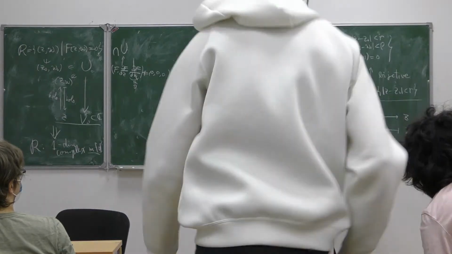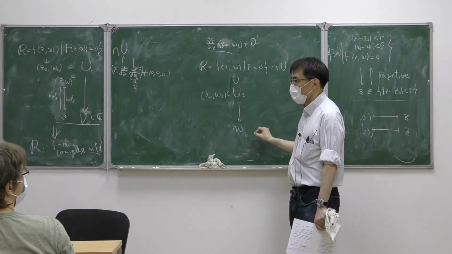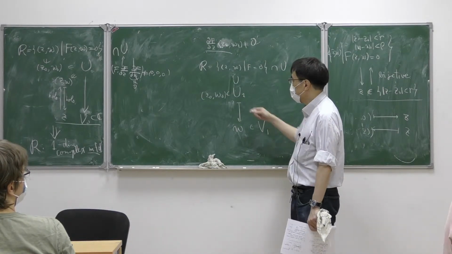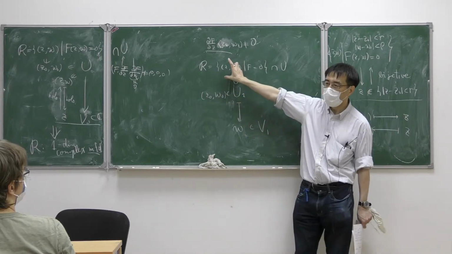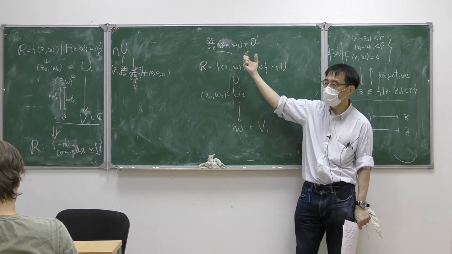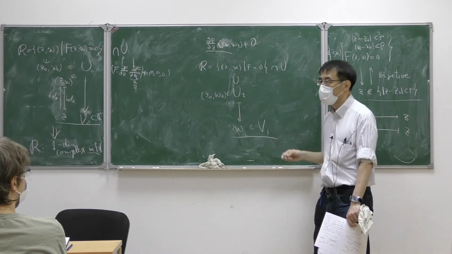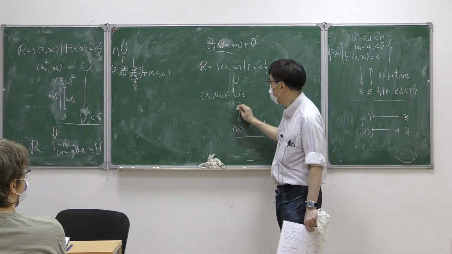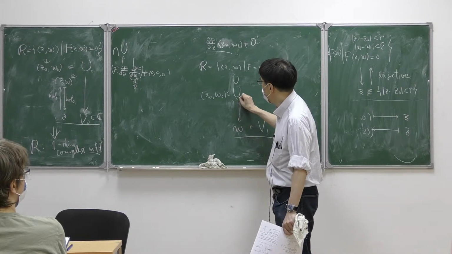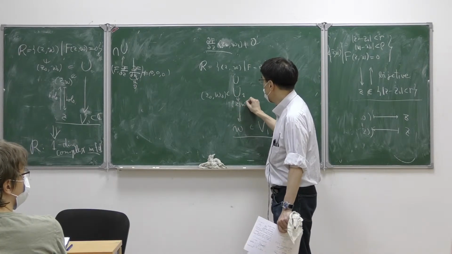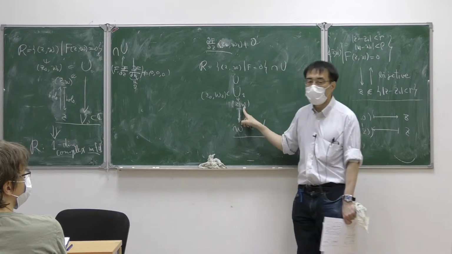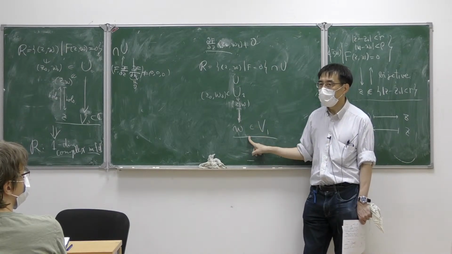And in this case, let's exchange the roles of Z and W. Then we can use the projection to the second component as a local coordinate.